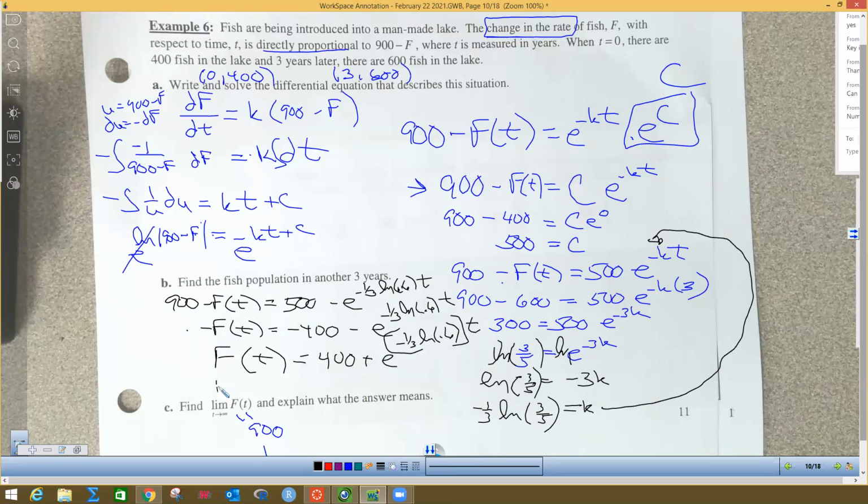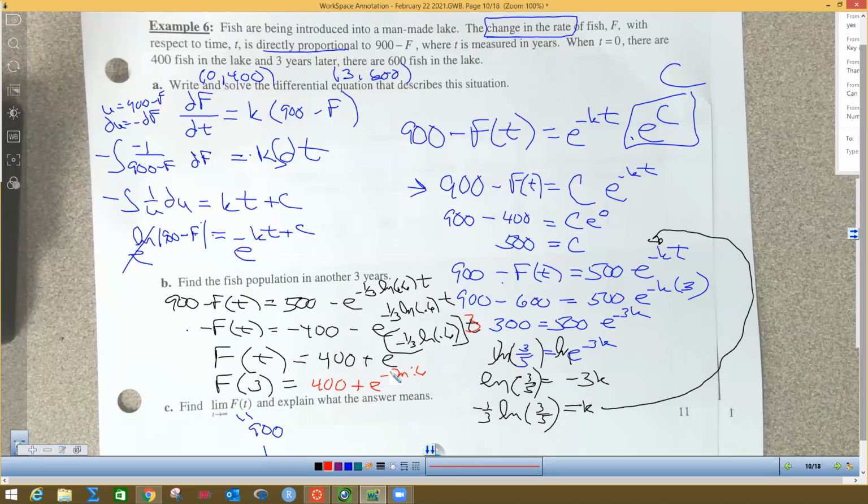So now I want to find f of 3. I'm going to plug 3 in up here where this t is. Okay? So you type this all in your calculator, or we can do this even faster. 3 times 1/3 will reduce that to negative 1. I might be able to do this without a calculator. So that'd be negative 1 natural log of 0.6.